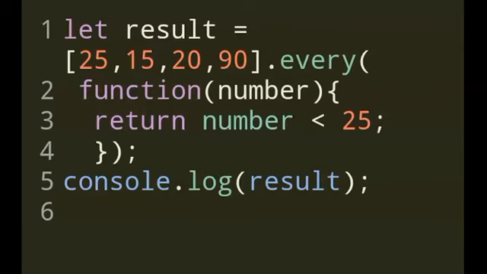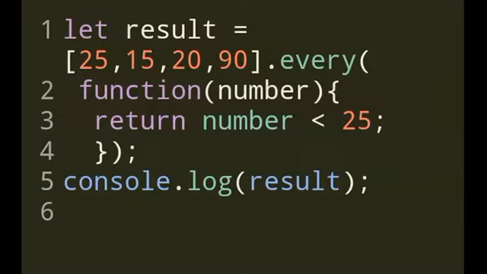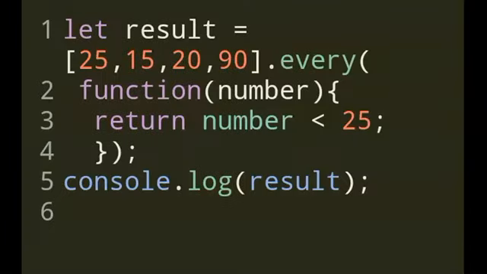So it should come true, but no, it comes false. Why? Because as I said earlier, for this every method, even if one element fails the test, it will return the boolean false. Like here, only the element 90 fails because it's not less than 25. So just for that element, the result will be false. So this is the every method.